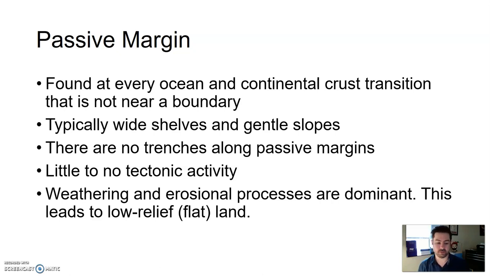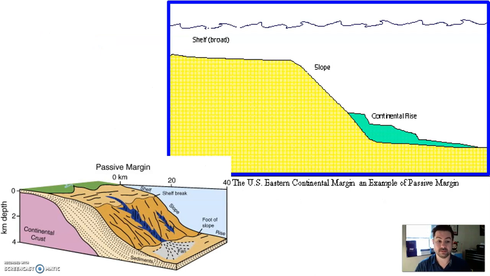At active margins you have earthquakes, volcanoes, uplift, things moving around. Well, at passive margins you don't typically have that, so time just takes its toll. The weathering and the erosion process are very dominant. So very wide shelf, somewhat gentle slope before you get to the oceanic crust.